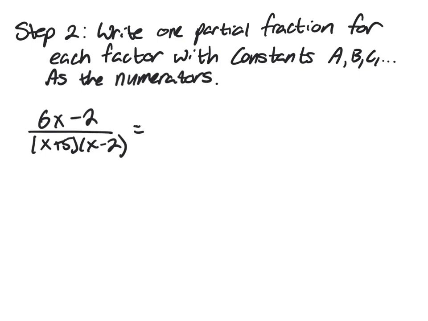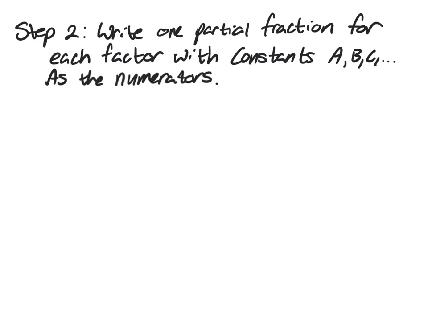So what is this going to look like? We're going to set this equal to constant a divided by our first factor, x plus 5, plus a constant b divided by our second factor, x minus 2. And that's it for step 2.